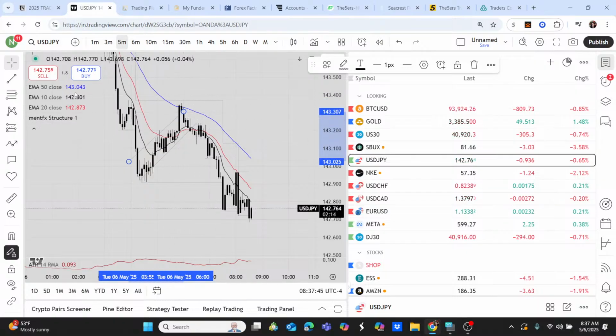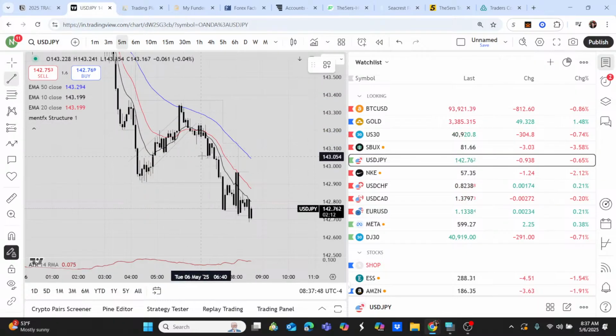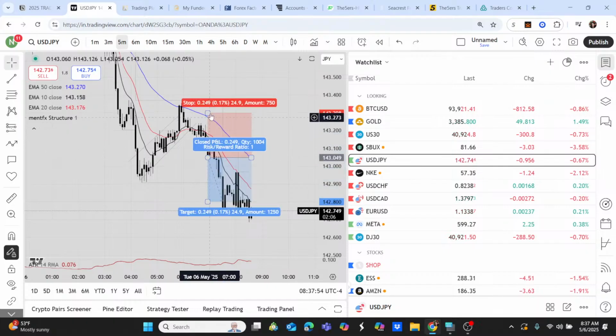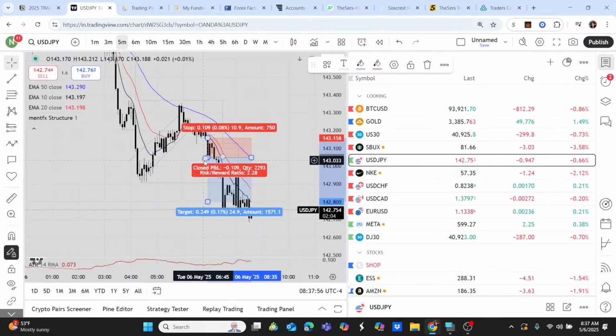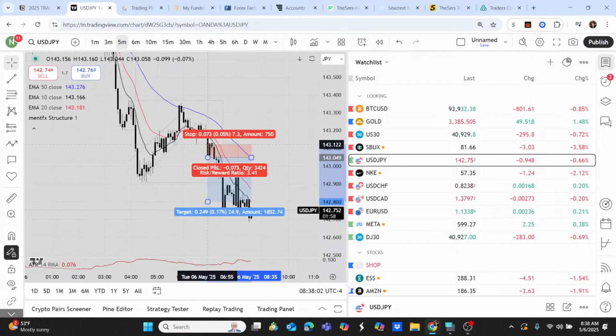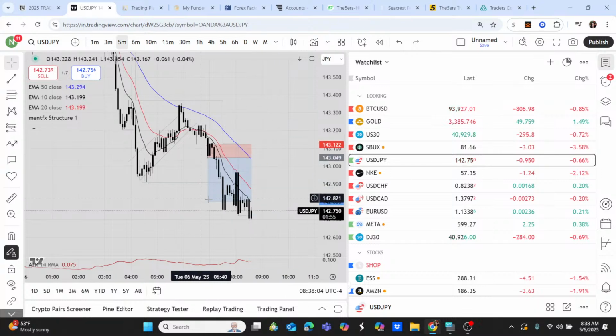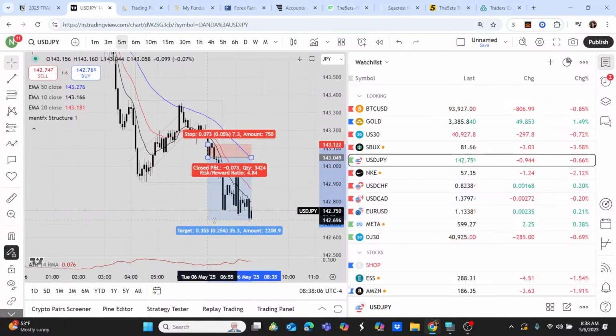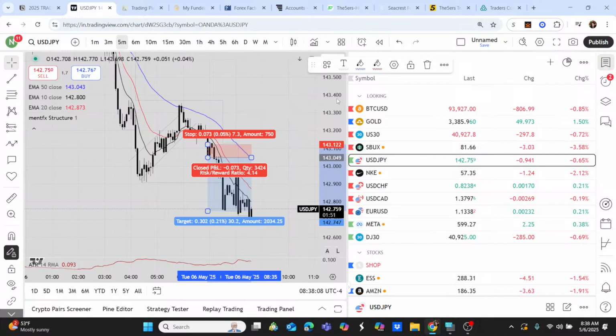We moved down, had the pause right here. I could use this as a case study, but what's the ATR? 0.7. That would have been stop loss right there, like break even.